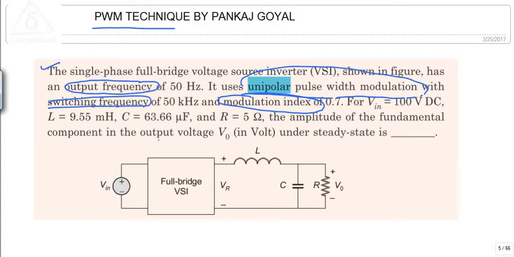The DC input voltage for this voltage source inverter is given as 100 volt DC, and the values of L, C, R in this circuit are given like this.